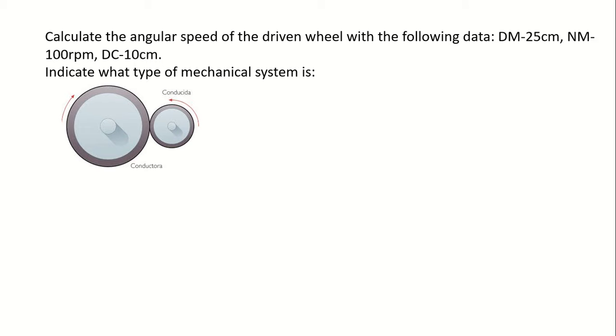So now, seeing this, what type of mechanical system is it? It's a multiplier, because the driver is bigger than the driven. Okay, perfect.